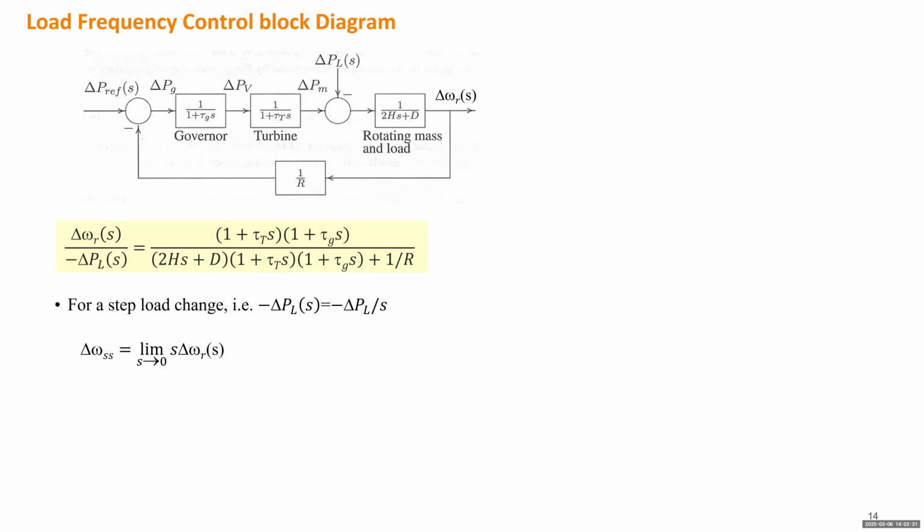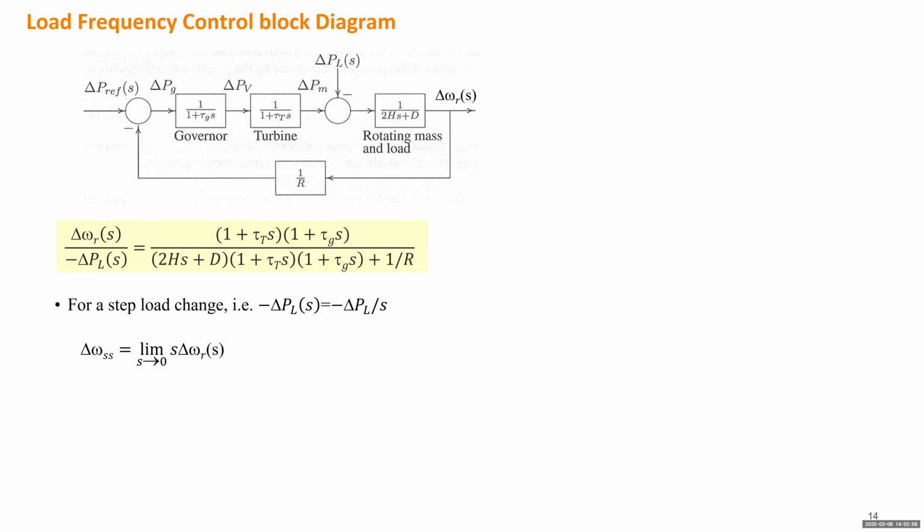Now we consider a step change. To calculate the steady state value, you take that transfer function, multiply by s, and then let s be close to 0. So you estimate the steady state frequency without doing the inverse Laplace transform. You can use this principle to estimate the steady state value.